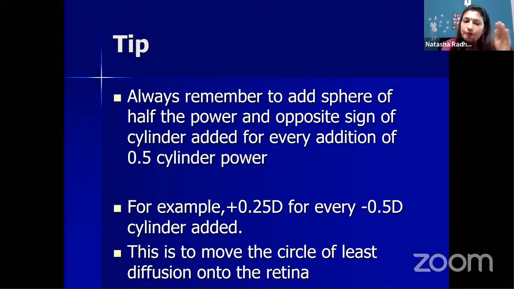You should add a plus 0.25 to that sphere when you are doing the cross cylinder testing, if you're going above 0.5 cylinder power, because what happens when you correct the cylinder is that the circle of least diffusion keeps moving away from the retina. So if you don't add the sphere of the opposite power, it will move away and it will cause blurring. So you need to bring that circle of least diffusion back onto the retina. So you have to add a sphere of half the power and opposite sign for every cylinder addition of 0.5.